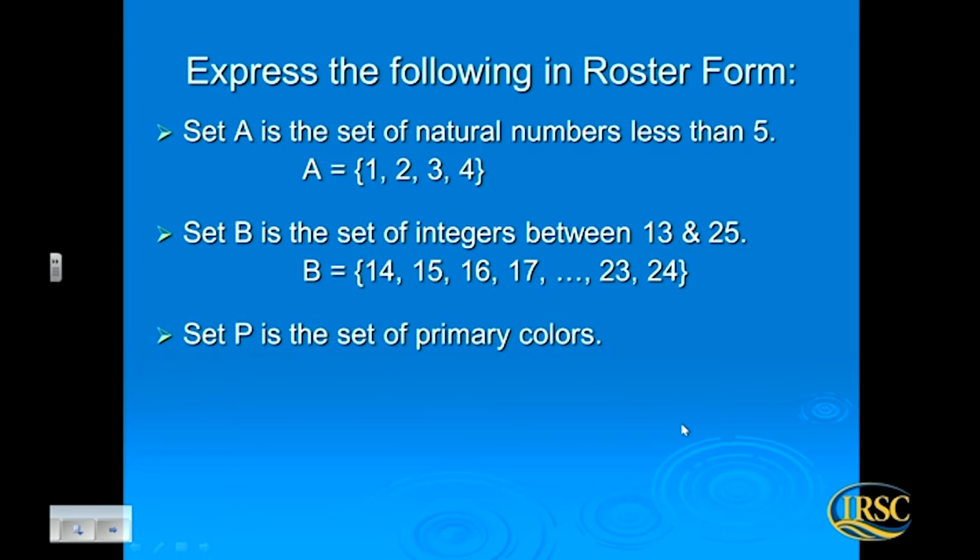Okay, set P is the set of primary colors. From time to time, the homework will throw stuff at you that's not necessarily content from this course.